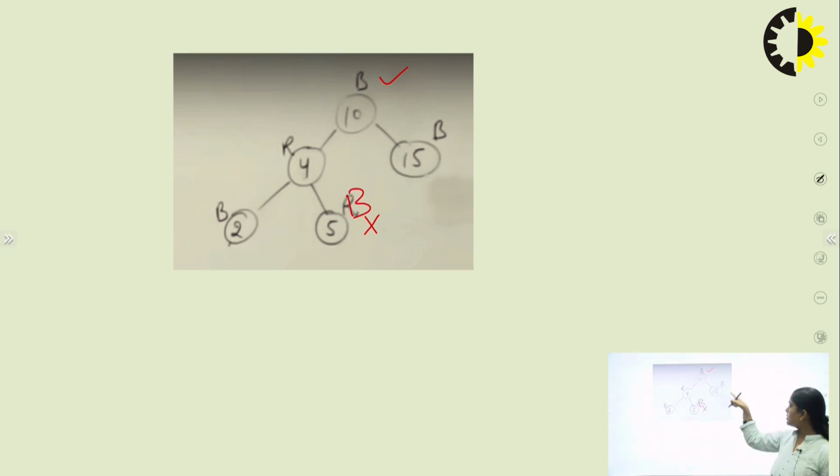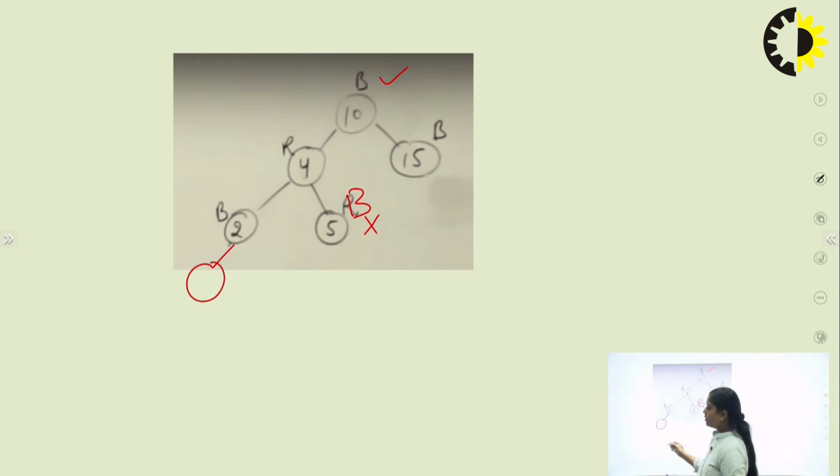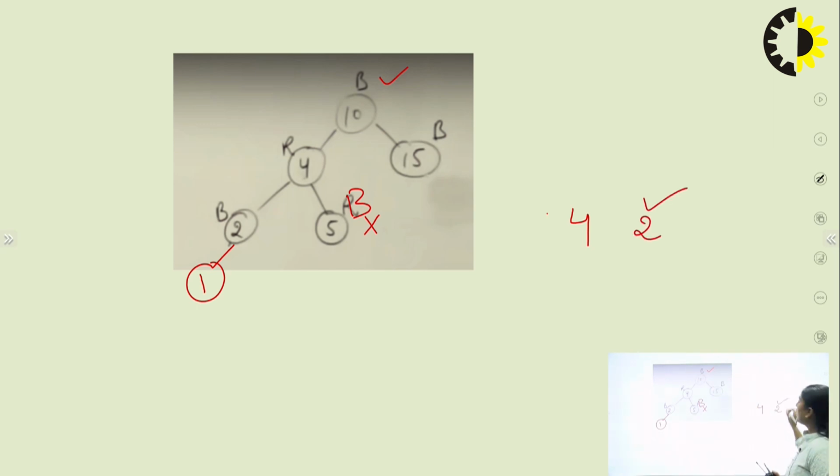Now this is a red-black tree. Suppose we add a node, say 1, and the color is maybe red, then the maximum path is 1, 2, 3, 4. The maximum path is 4. And we are checking the closest path. The closest path is 1, 2. The shortest path is 2 and the maximum path is 4.